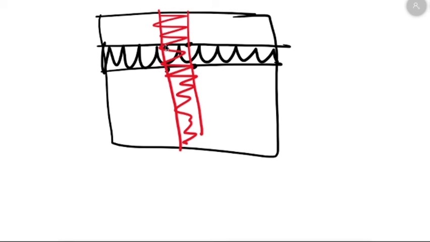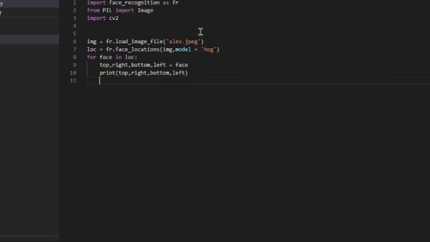So what is the common area? This is the common area, and here is where our face is. So we'll write face image equals img, which is our original image, which is a matrix, top to bottom, comma, left to right. So this is our new face image.